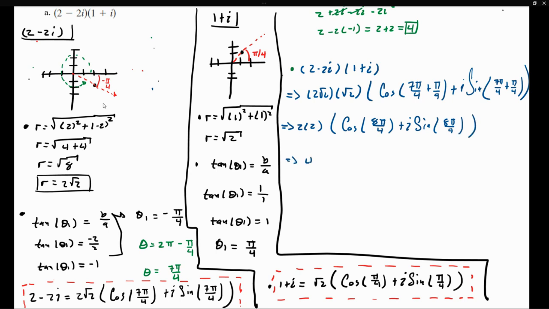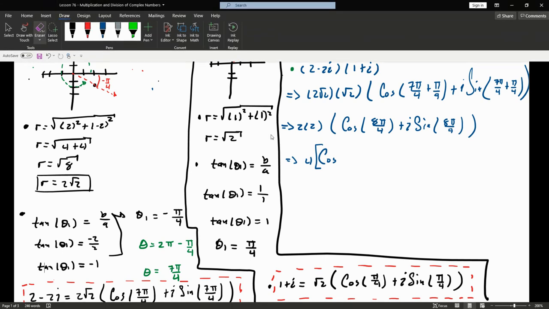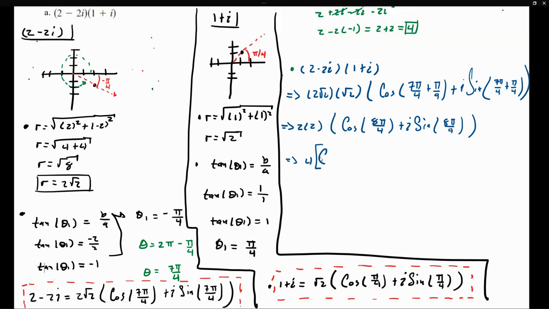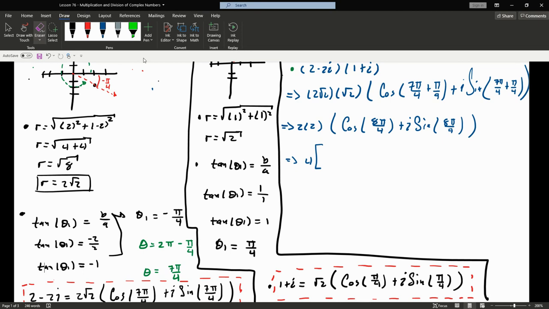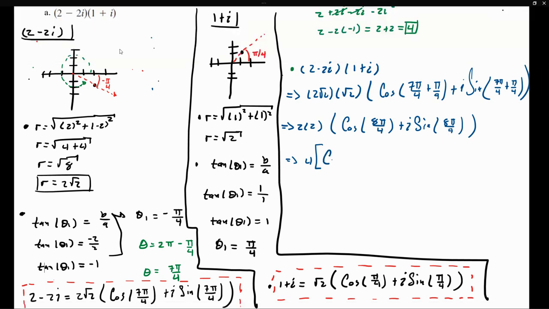Let me simplify this and not make any shortcuts here. 8 pi divided by 4 is 2 pi, so it is cosine 2 pi plus i sine 2 pi.